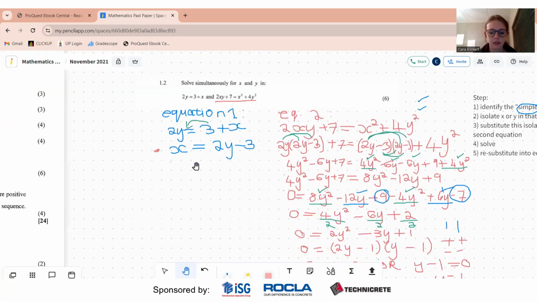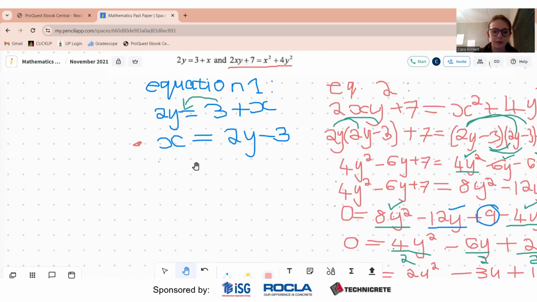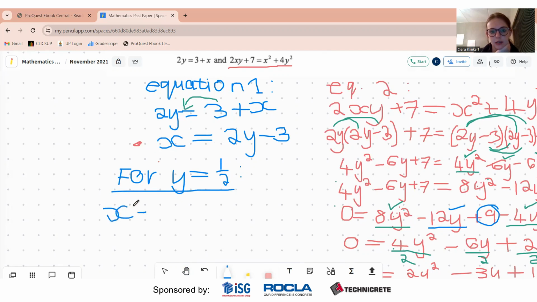Okay, so I like to say y equal to a half. Then I substitute y into this expression for x. x is equal to 2 multiplied by a half, because y is equal to a half, minus 3.